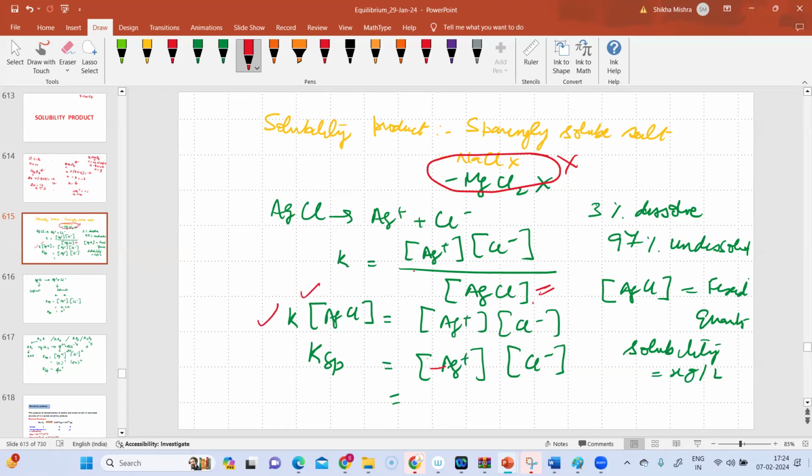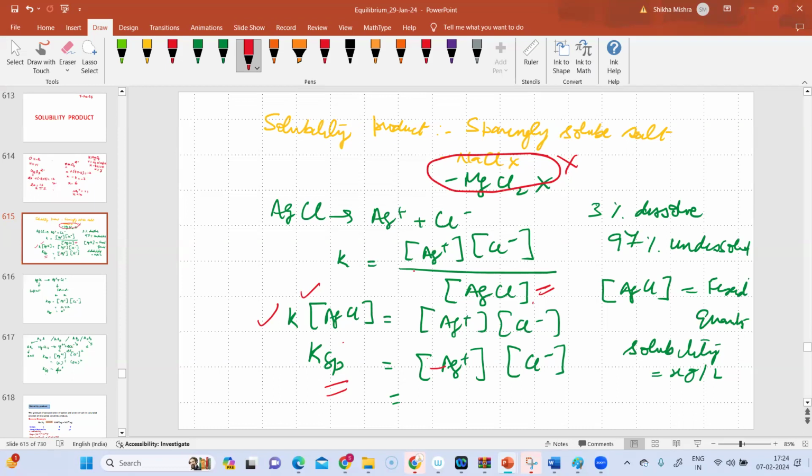So when you multiply the two constants, you get another constant, which is called Ksp, or the solubility product. So what we have learned here is that the concept of solubility product is applicable only to sparingly soluble salts, but it will never be applicable to completely soluble salts such as sodium chloride, magnesium chloride, or copper, or maybe calcium sulfate, like that.